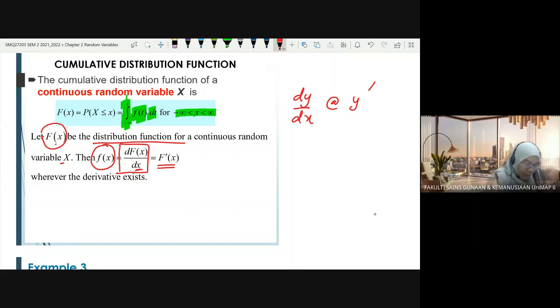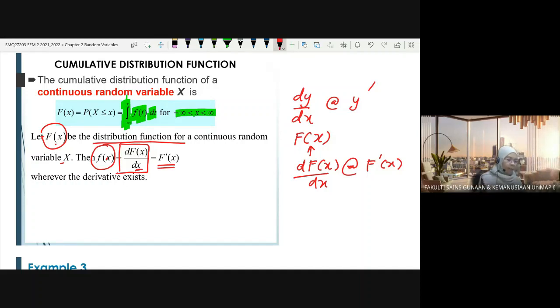Now we are talking about F(x), so to differentiate F(x), this would be dF(x)/dx, or simply we can write F prime(x). That's how we find the density function for this particular distribution function. So these are the things you need to understand about the continuous random variable.